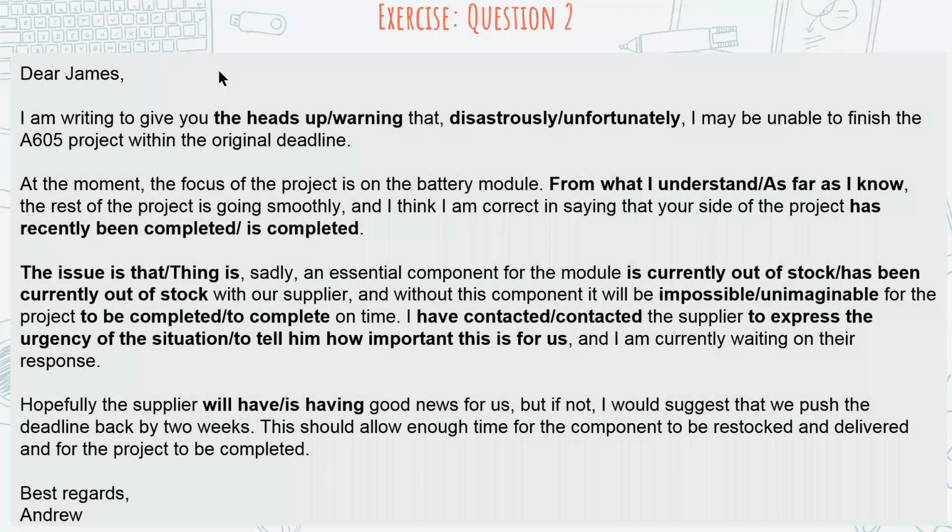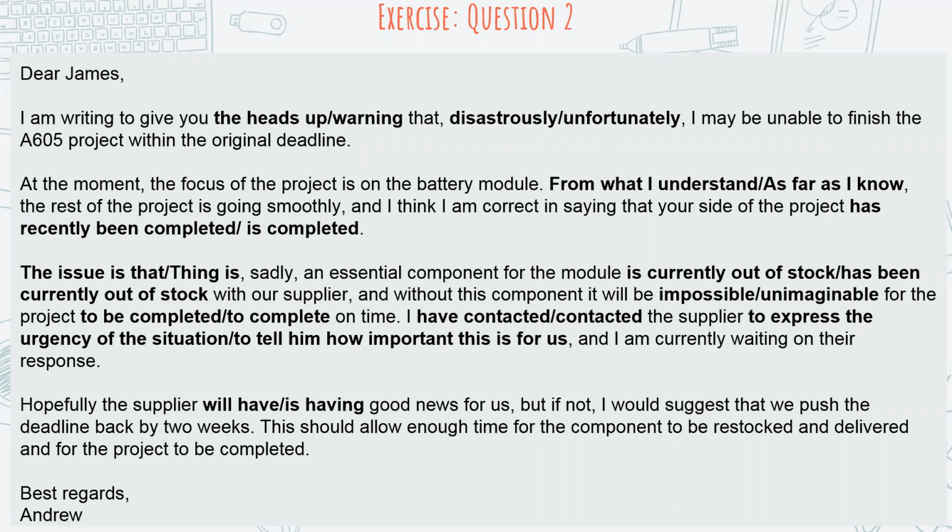Here, this is an exercise about this letter. You have to choose the more appropriate expression. They are bolded out, and you have to choose which one is best. Dear James, I'm writing to give you the heads up or warning that disastrously, unfortunately, I may be unable to finish the A605 project within the original deadline.